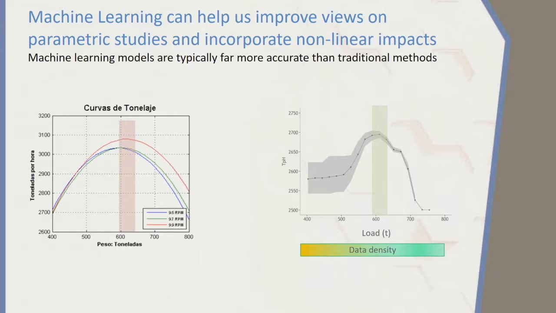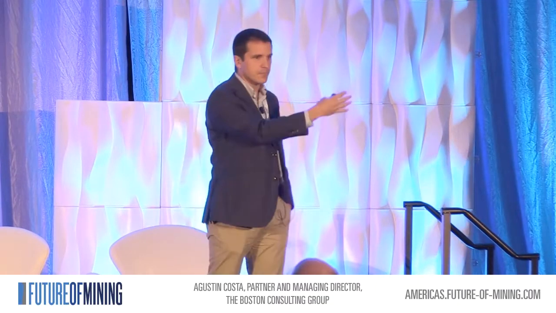The most notable one, particularly in SAG mills, is the age of the liner, for instance. As you know, at least in large copper mining SAG mills, liners are changed every 6 months. It's very difficult to get the age of the liner as part of the parametric definition of where I can operate at an optimal level. The model does that by itself.